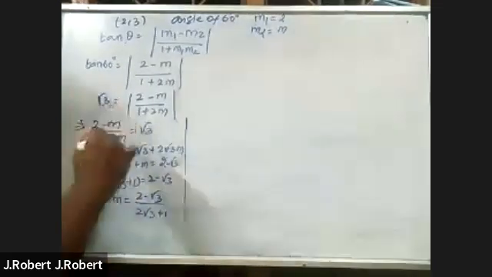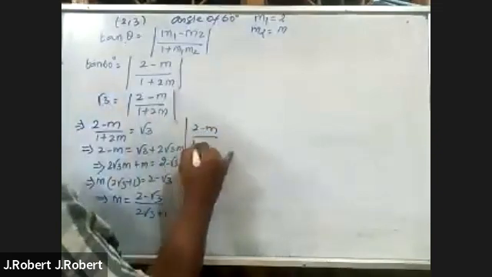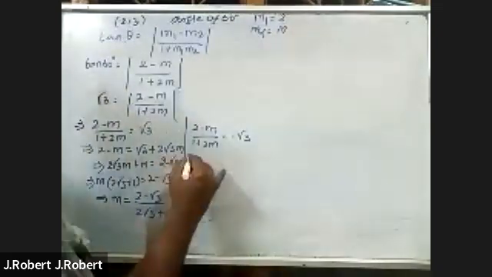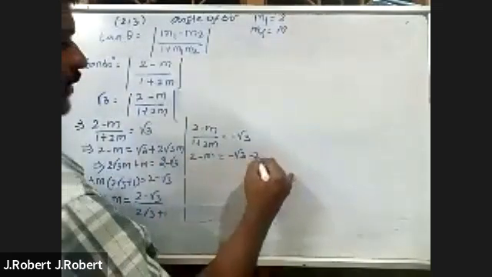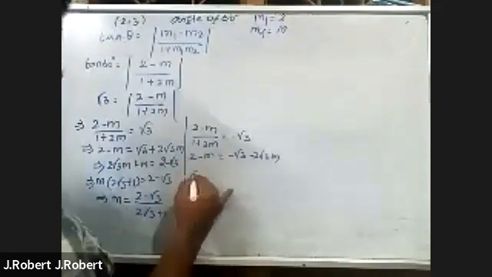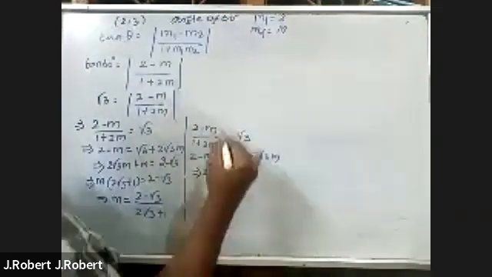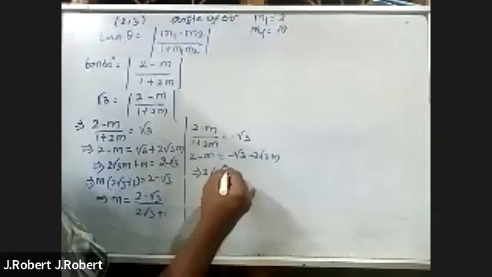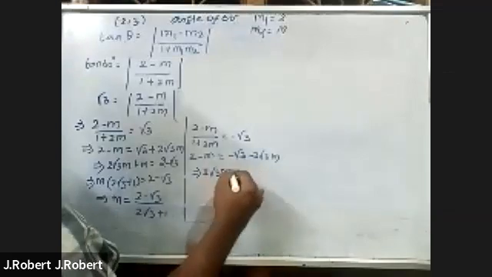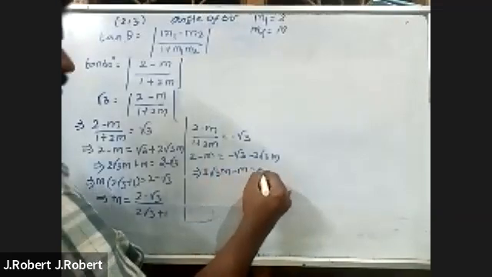The same way, proceed: 2 minus m divided by 1 plus 2m is equal to minus root 3. So 2 minus m is equal to minus root 3 minus 2 root 3 m. Bring this to this side: 2 root 3 m minus m is equal to minus of 2 plus root 3.